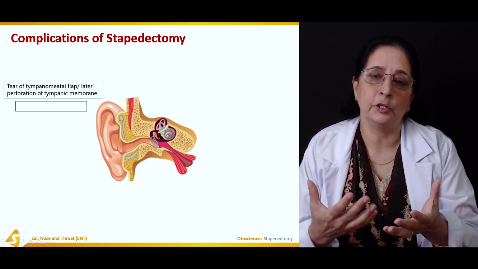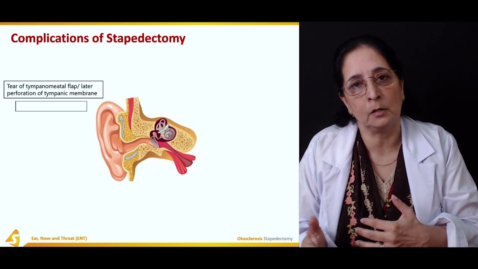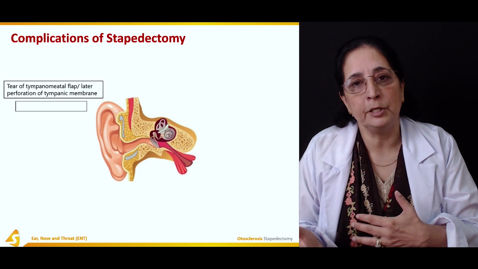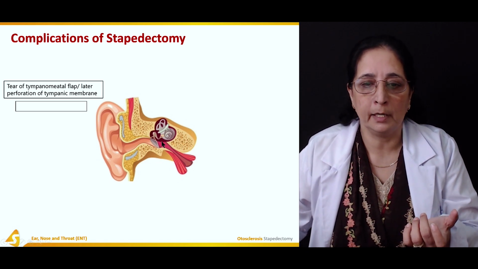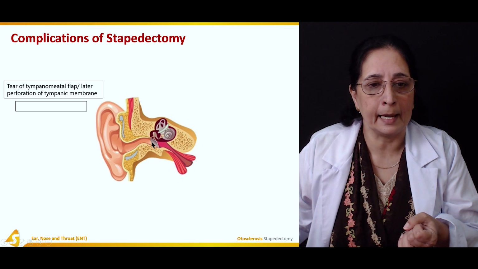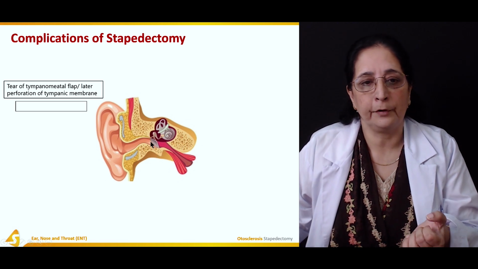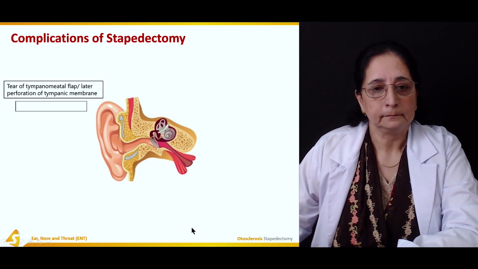So whenever the surgery is performed on some area, there are chances of injury or damage to the other structures that are present nearby. So here, this is the stapes, this is the eardrum. So perforation of the eardrum, or of the tympanic membrane, can occur.